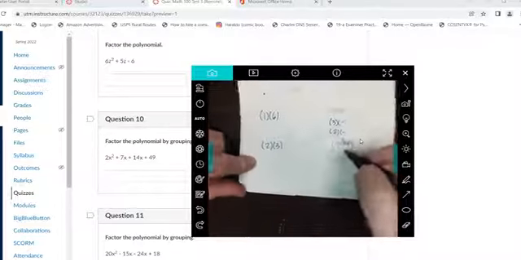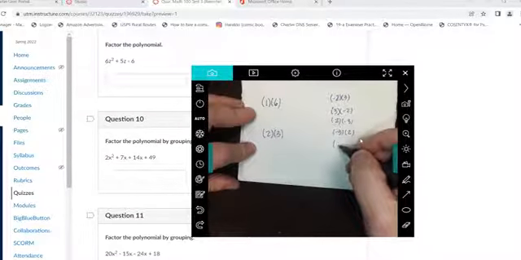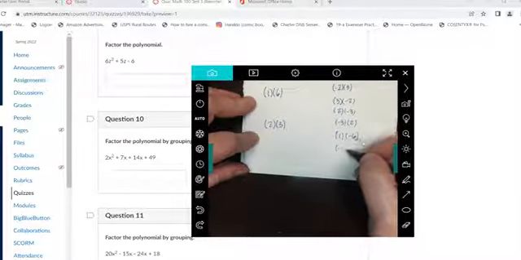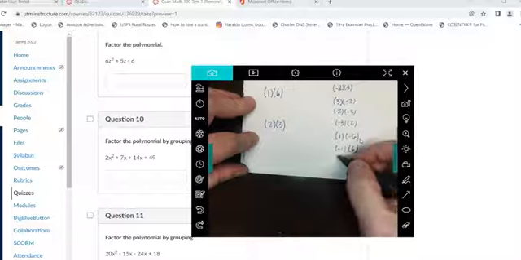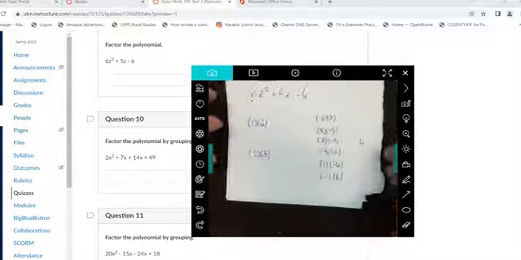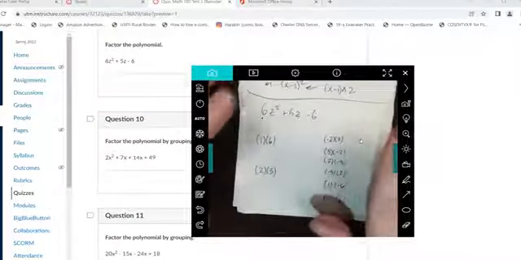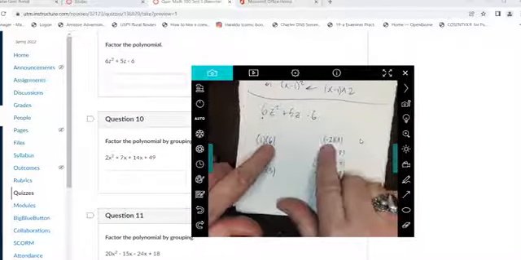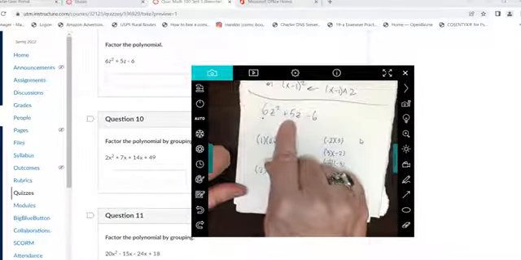Or we could have 1 and negative 6. Negative 1 and positive 6. Or the order could be reversed. I don't want to write them all down. Now, what am I looking for? I'm looking for a pairing where the outer product plus the inner product is going to equal positive 5.